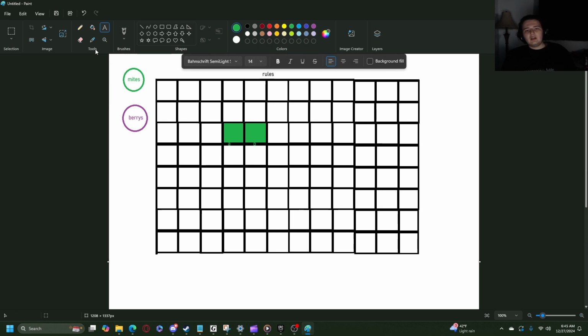So if mite A has 100% health, say first round, this is what it does, okay? Eats two berries, it gets the ability to reproduce, successfully reproduces onto the next square. Then what happens here?